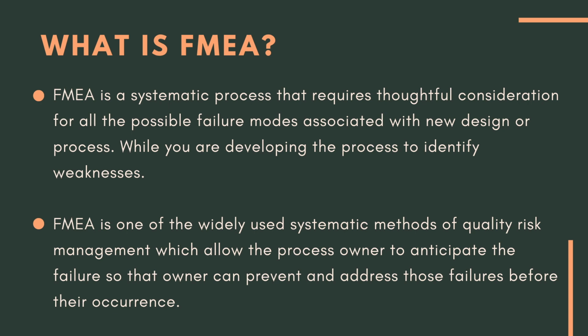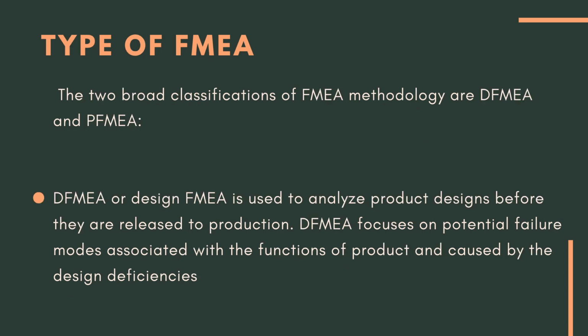Let's move now to discover the two principal kinds of FMEA. The two broad classifications of FMEA methodology are DFMEA and PFMEA. DFMEA, or Design FMEA, is used to analyze product designs before they are released to production.